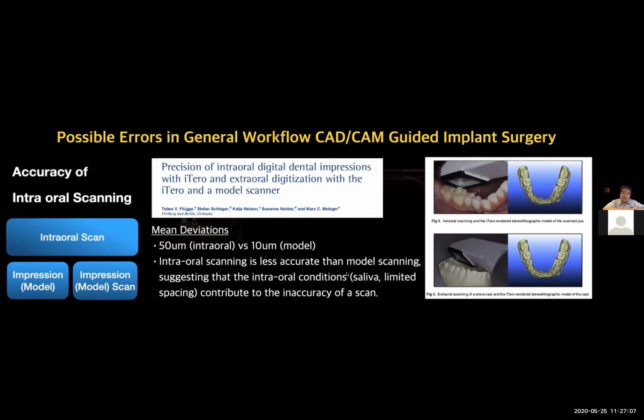What they found is that with the intraoral scanning, actually the error is bigger, and they point out that the possible reason for the bigger error is the saliva and also light. Those are the main issues.